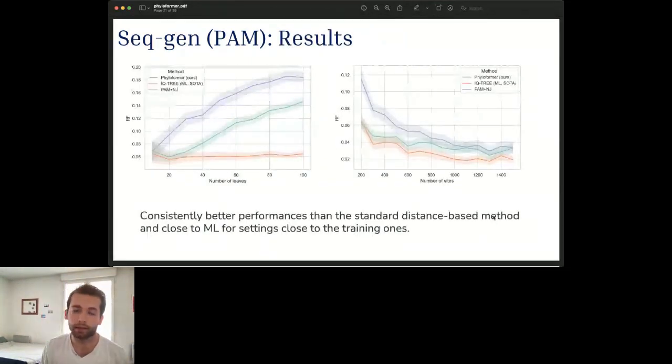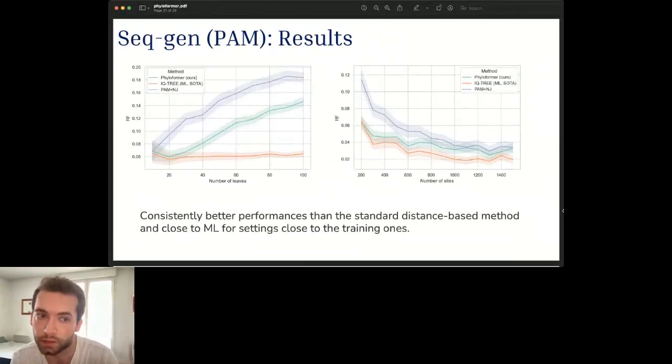So here we can see the results. Here we're plotting in terms of Robinson-Foulds distance, which is a measure of the error between the true and predicted trees. So the lower, the better.